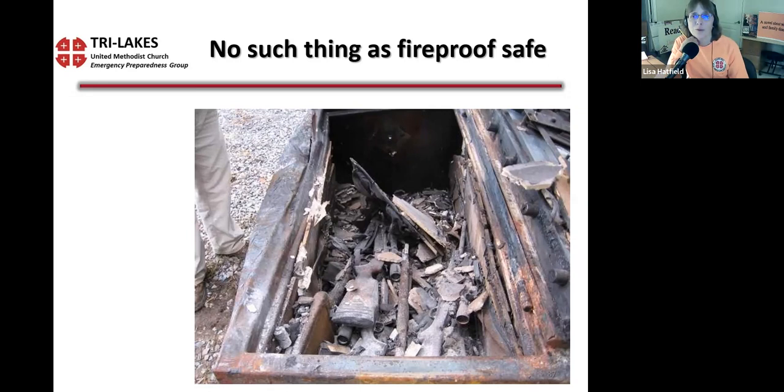So don't store all your stuff in a fireproof safe, assuming that it's really fireproof, because paper ignites at 451 degrees Fahrenheit when it gets that hot. And wildfires burn up to 2000 degrees.